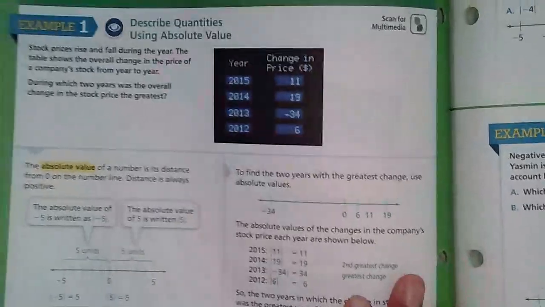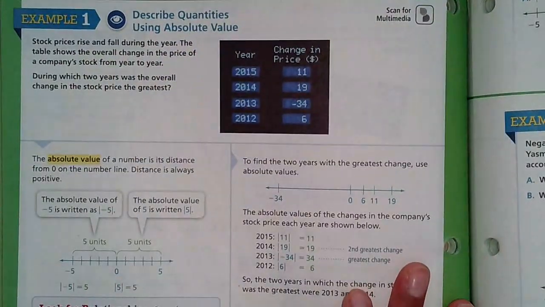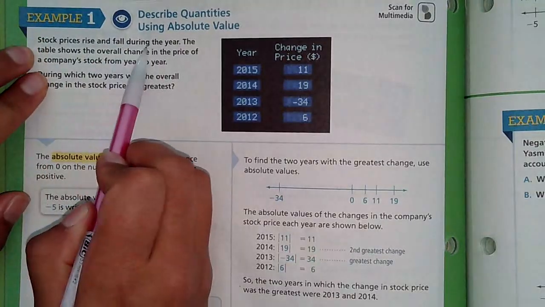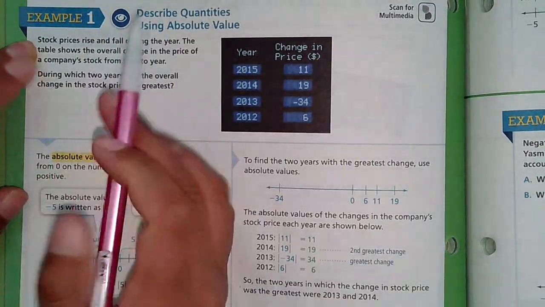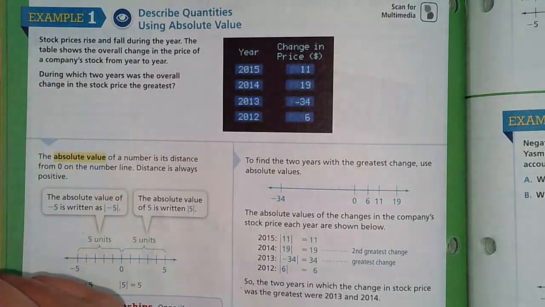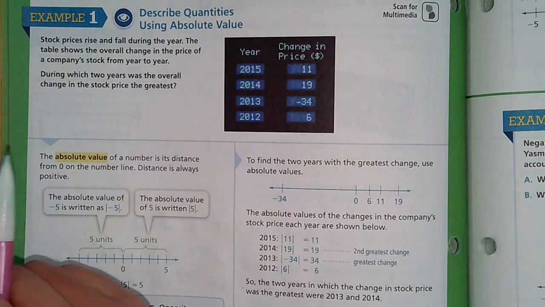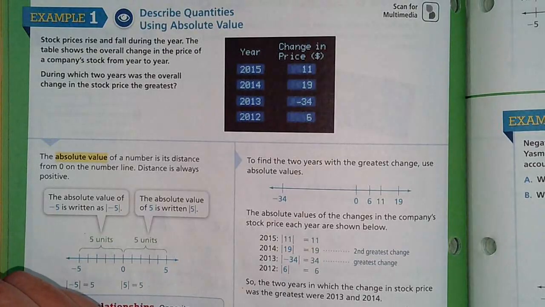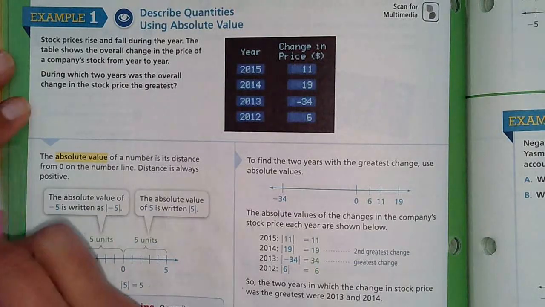All right, so let's look at this first example. Describe quantities using absolute value. Stock prices rise and fall during the year. As you get older, you're going to learn about stocks and you can buy them. The price of the stock can increase and make you money, or it could decrease and you could lose money.